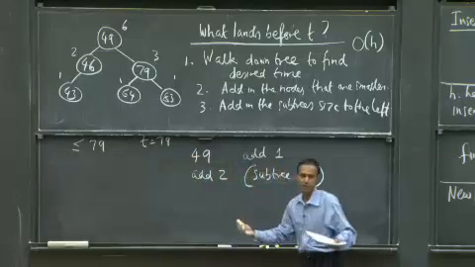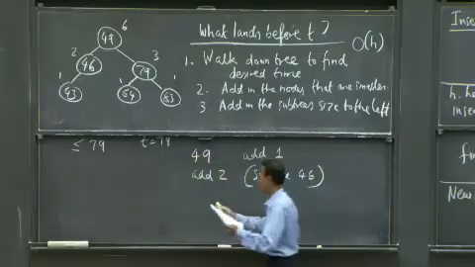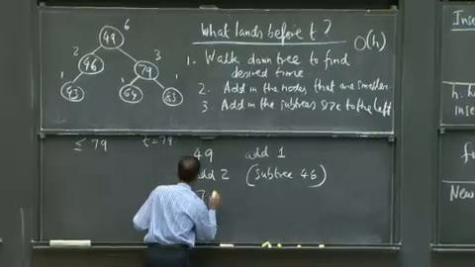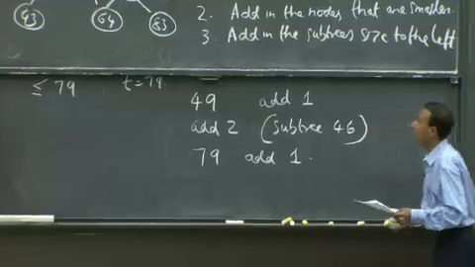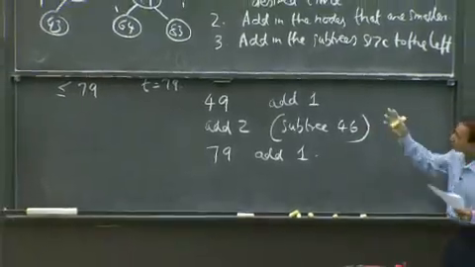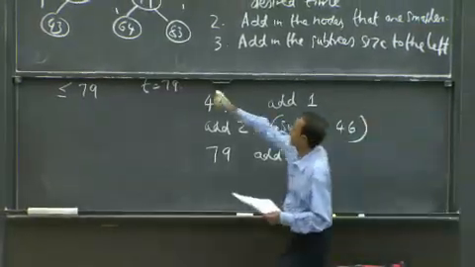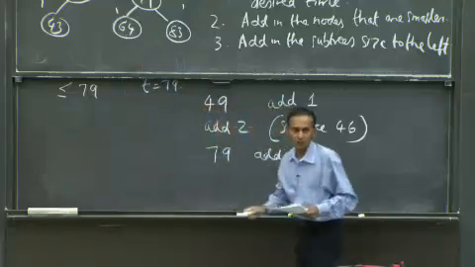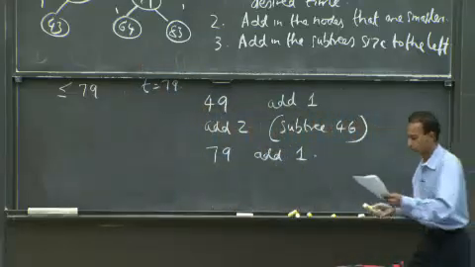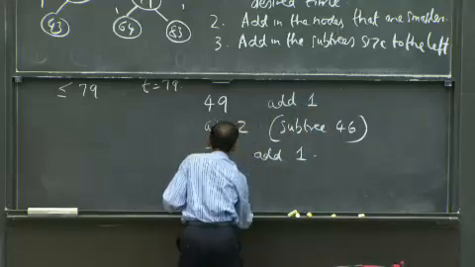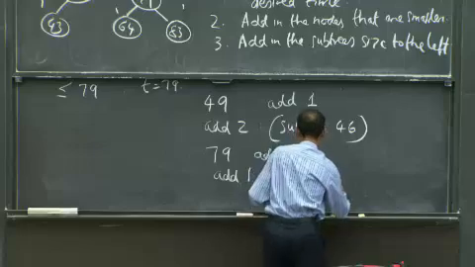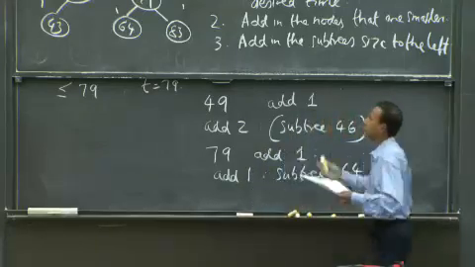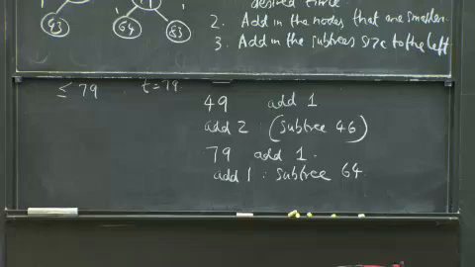79 is less than or equal to 79, so I'm going to see 79, and I'm going to add 1. Because I've added 79, just like I did with 49, I have to add the subtree size to the left of 79. So the final addition is I add 1 corresponding to the subtree 64. At this point, I've discovered where I have to insert. I've essentially found the location.